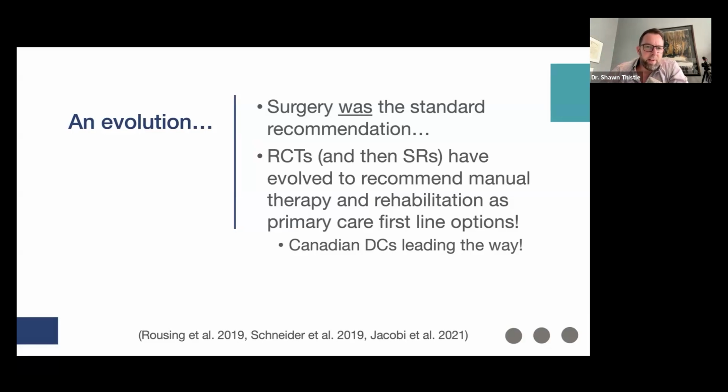And then what they discovered via randomized trials and then systematic reviews and other observational research is that manual therapy and rehabilitation should be primary first care options. And we've now landed at, do you need extra training to effectively manage lumbar spinal stenosis patients? I think it helps. It's kind of like concussion.